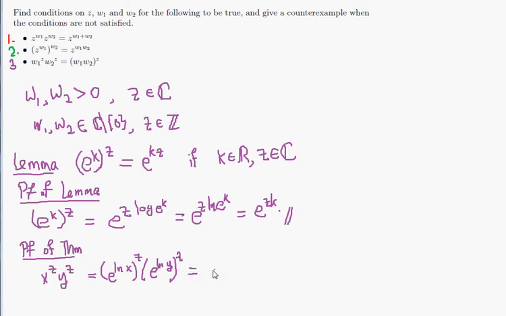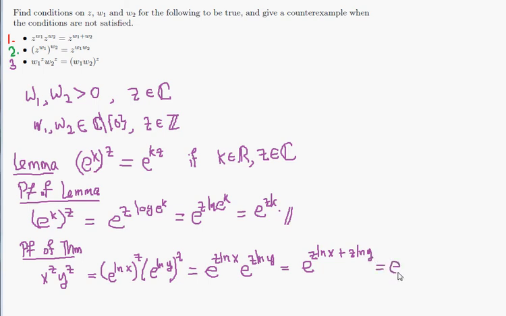By the lemma we just did, this is equal to e to the z natural log x and then e to the z natural log y. Now from the first law of exponents, we can write this as e to the z natural log x plus z natural log y.